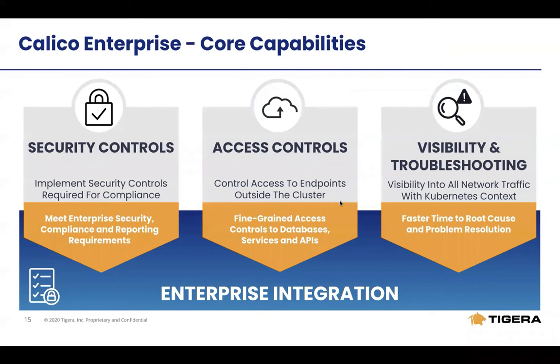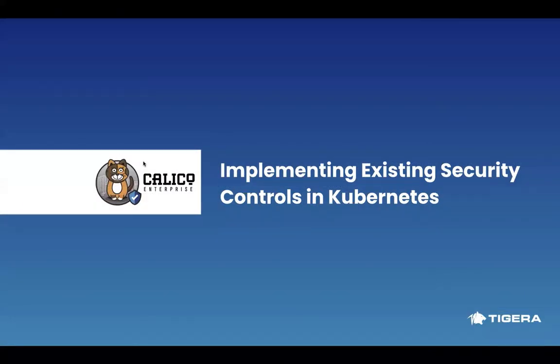So the core capabilities that we focus on for the enterprise are around security controls, access controls, and visibility and troubleshooting. What that means is helping you implement security controls beyond just defining an allow rule in a security policy. This helps you meet your enterprise requirements from the compliance and reporting side as well.